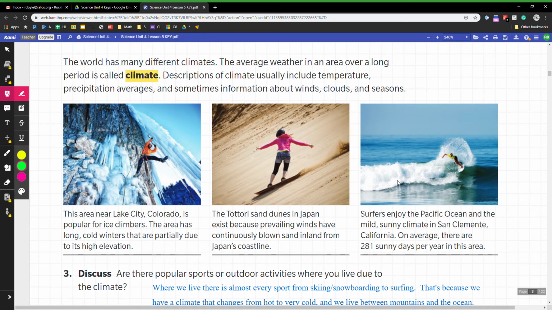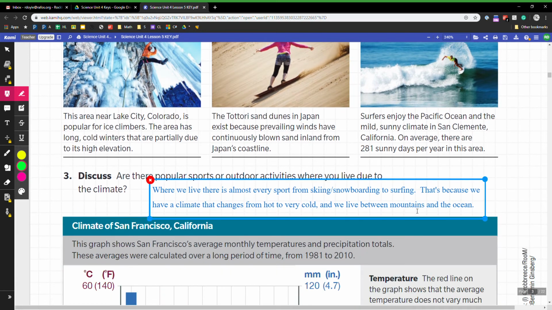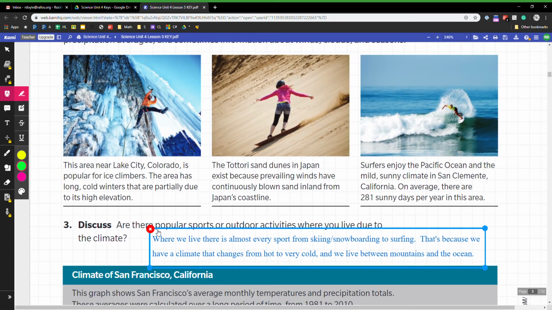And it gives you different examples of different types of climates. This asks, are there popular sports where we live due to the climate? I said there's pretty much everything, because we live in a really unique area, right between mountains and the ocean, and also at a latitude where we have cold winters and hot summers, so we get a really wide range of sports.